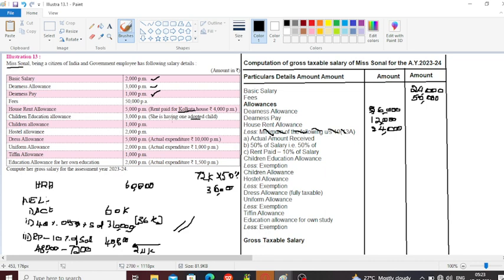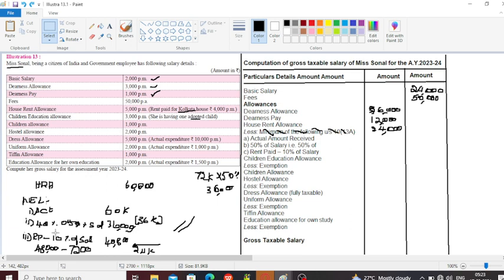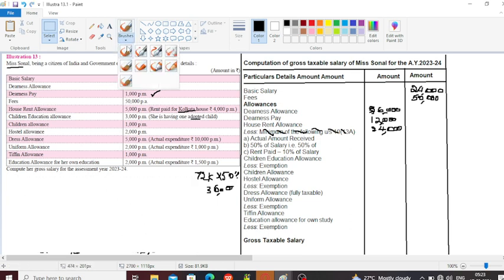If it is 3,000, what will it be for 12 months? That is nothing but 36,000 per annum. Let me write here. Education allowance is 36,000 per annum.